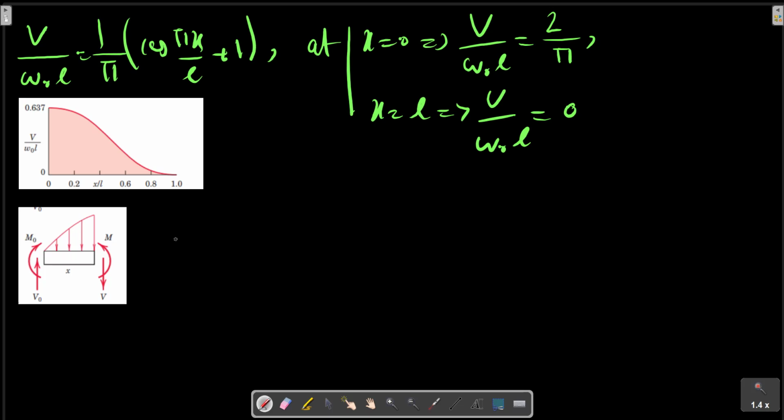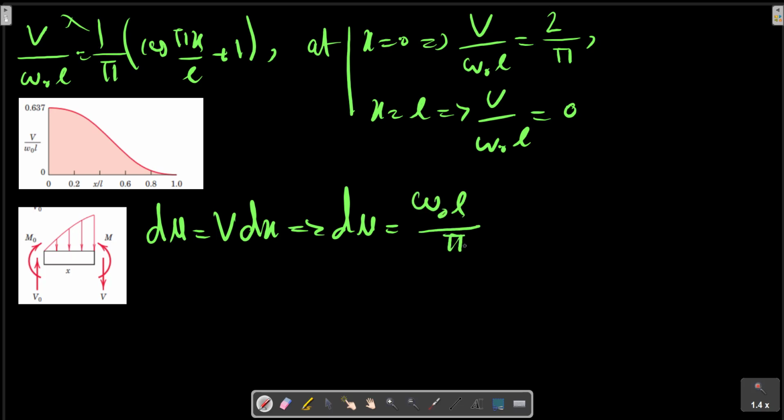To obtain the relation for moment, dM equals V dx. We obtained V before as this relation: omega cos(pi x on L) plus 1 dx.